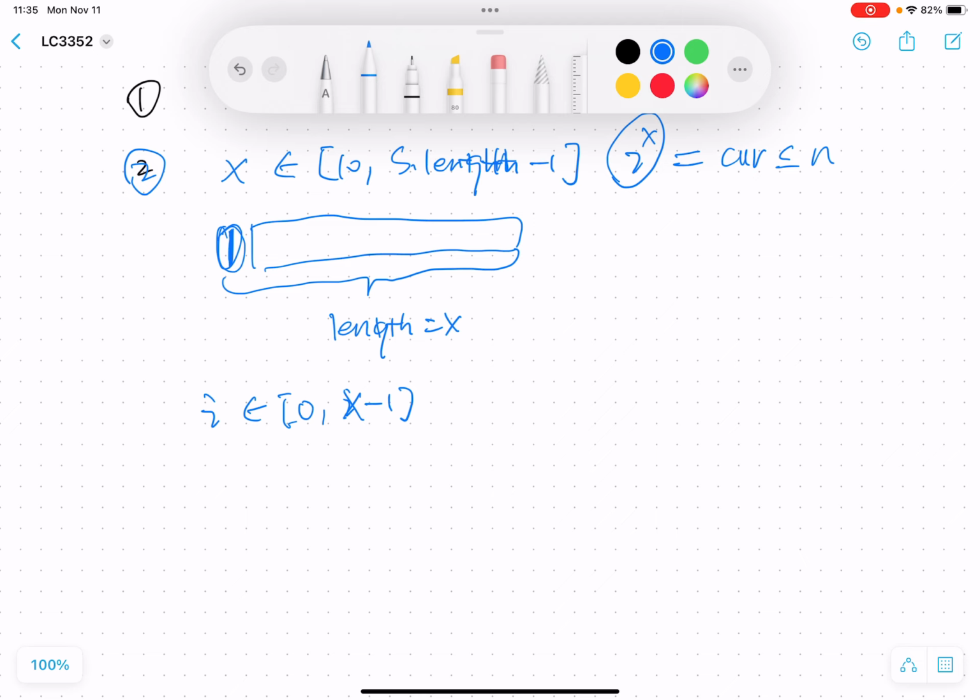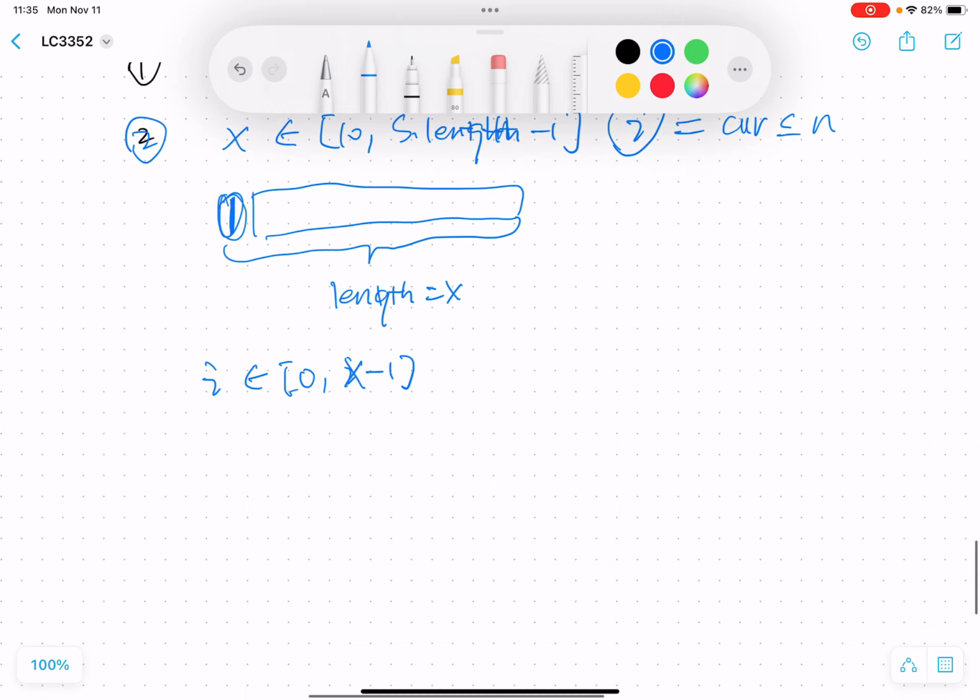For every I, we can use combinations to calculate the number of values that meet the requirement. That means we can use the C function, C(x minus 1, I). That means we choose I bit positions from x minus 1 bit positions and set them as 1.